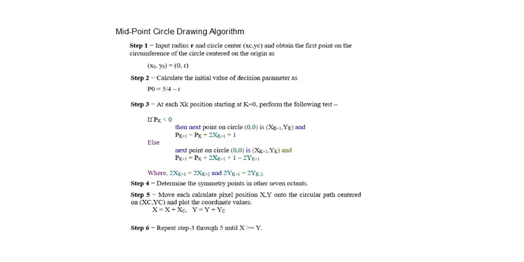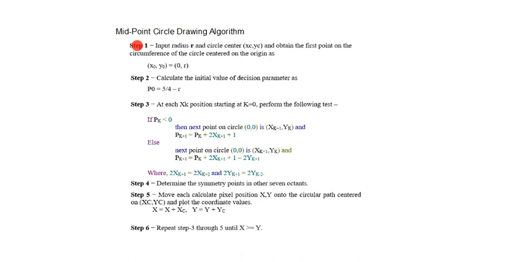We will first discuss the midpoint circle drawing algorithm. The midpoint circle drawing algorithm is a very efficient algorithm for generation of the points for a circle. We will go step by step.